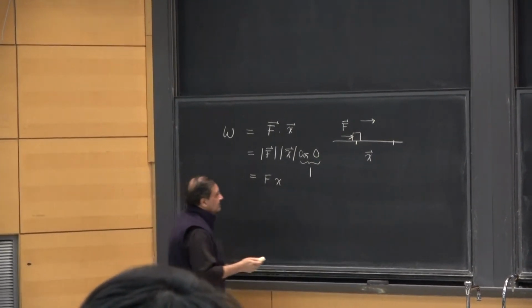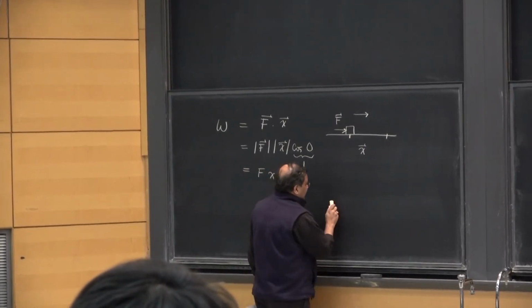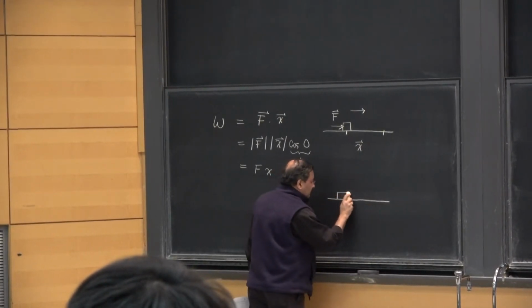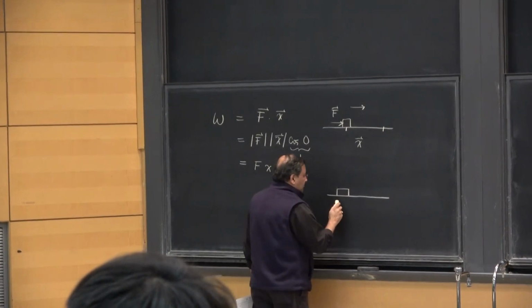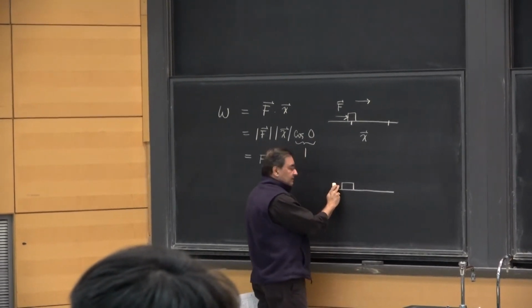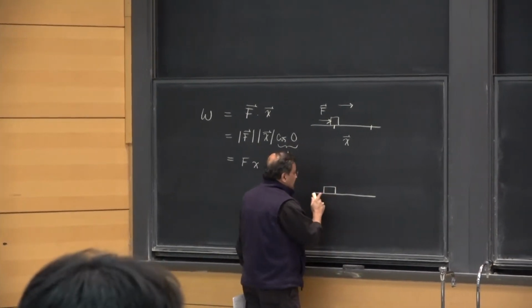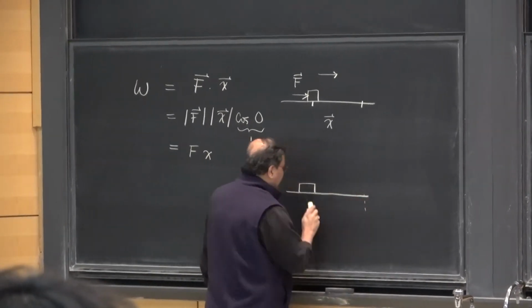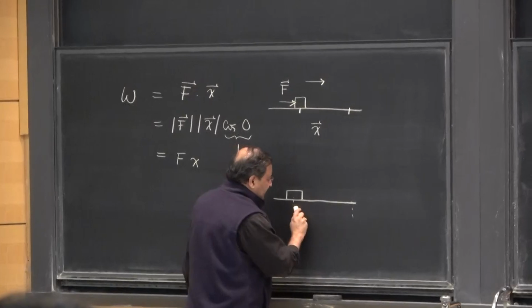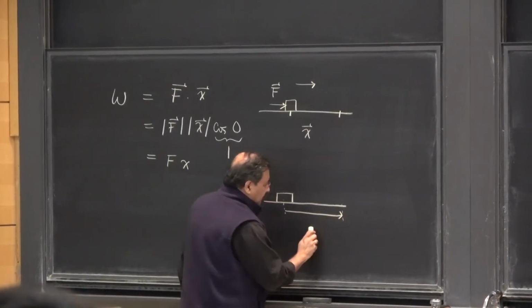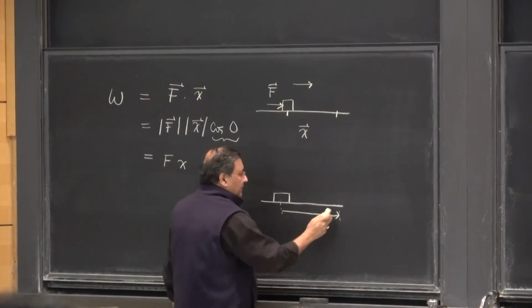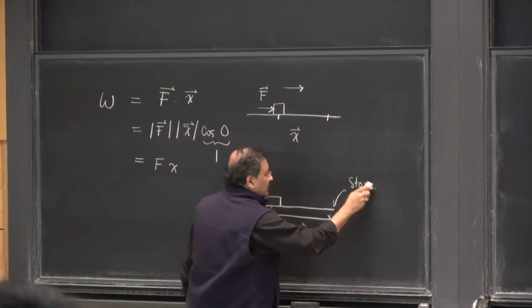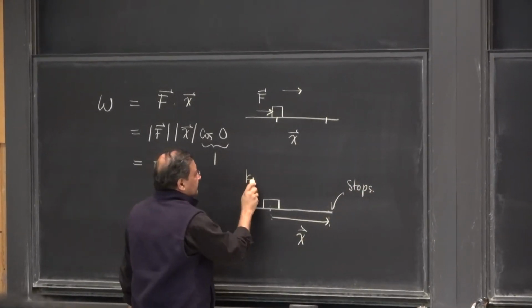Now suppose I do the very same thing, excepting that I've already pushed this block, I've given it a kick, and I notice that although I've given it a kick, it'll stop after some time. Let's say it gets displaced by some distance x again, but then it stops here. And I've kicked it here.